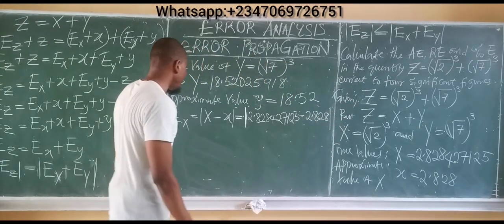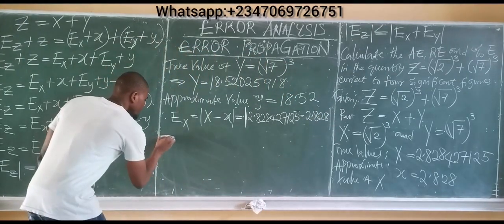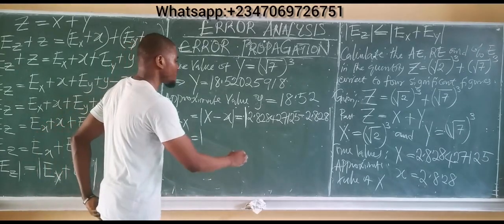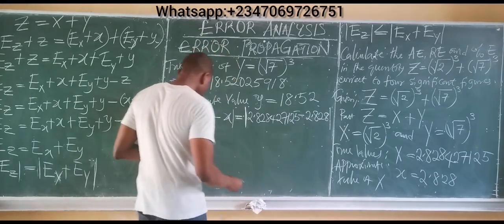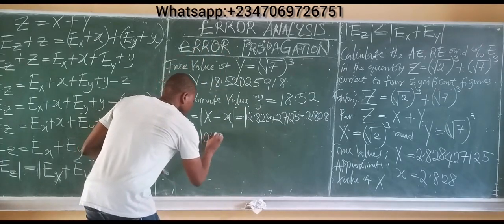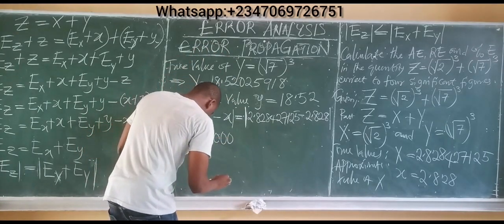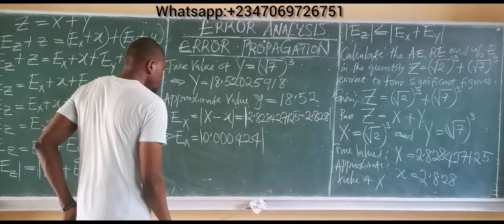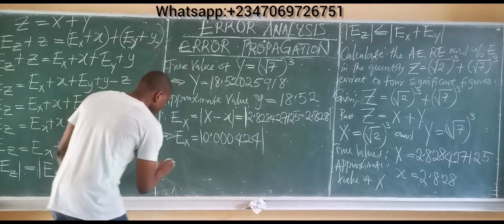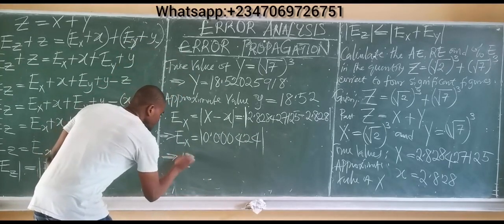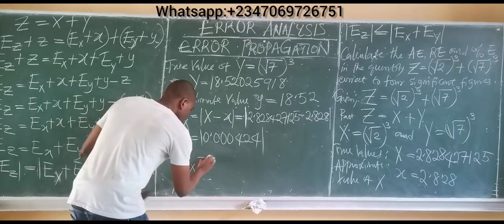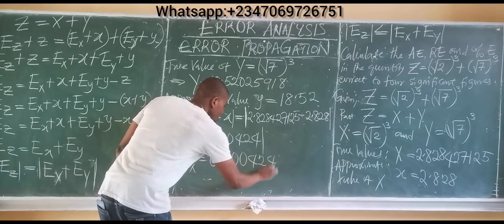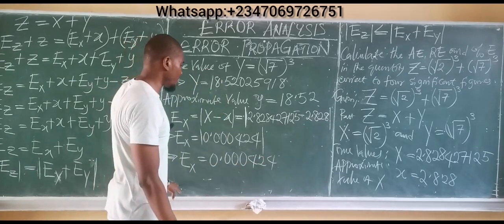So this is now our error in x. Let's obtain this difference, that gives us 0.000424 approximately. The modulus still remains. So error in x is equal to 0.000424. This becomes our error in x.